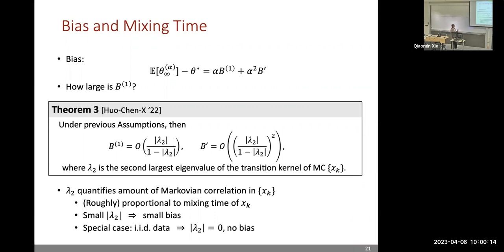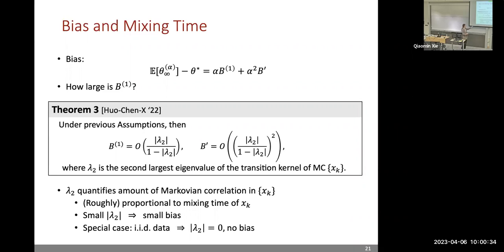And then from the formula we have here, you can see a larger lambda 2 actually implies a larger bias. And in the other extreme, if the Markov chain has a really fast, very small mixing time, then intuitively it implies a small lambda 2 modulus and implies a small bias.